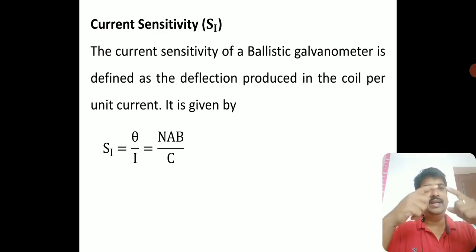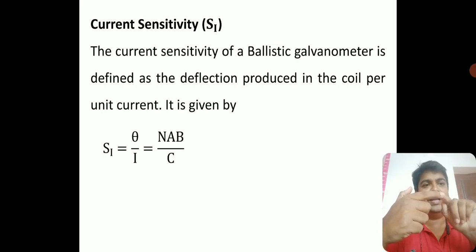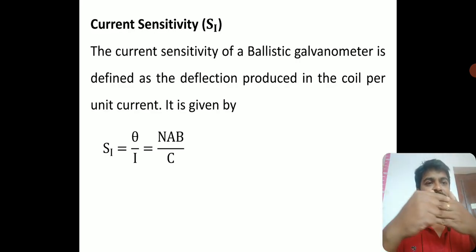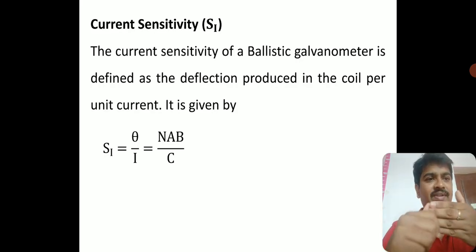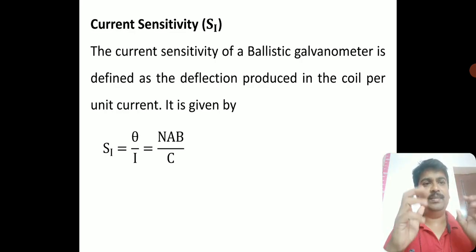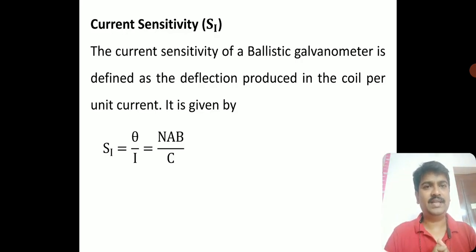I mean to say, if you pass a current of 1 ampere to the coil, the coil gets deflected, and that deflection is known as current sensitivity. The symbol is SI. It is theta by I, deflection per unit current.